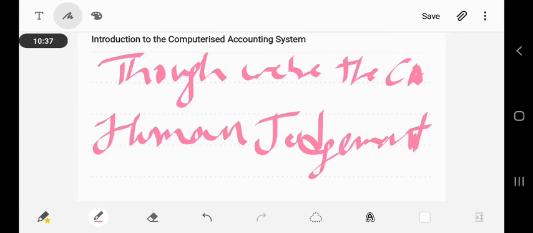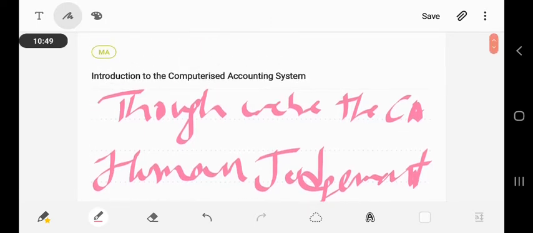Additionally, the accountant's knowledge and judgment are frequently required to determine the adjustments that are needed at the end of the reporting period. The mechanics of the system, however, can be easily handled by the computer.